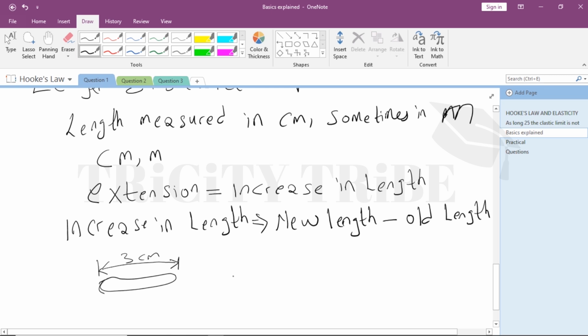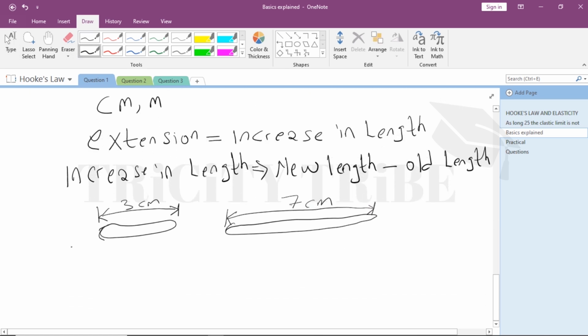Now after you stretch your rubber band with your hand, let's say the new length is 7 centimeters. The question now is this: what is the extension? What is the increase in length?